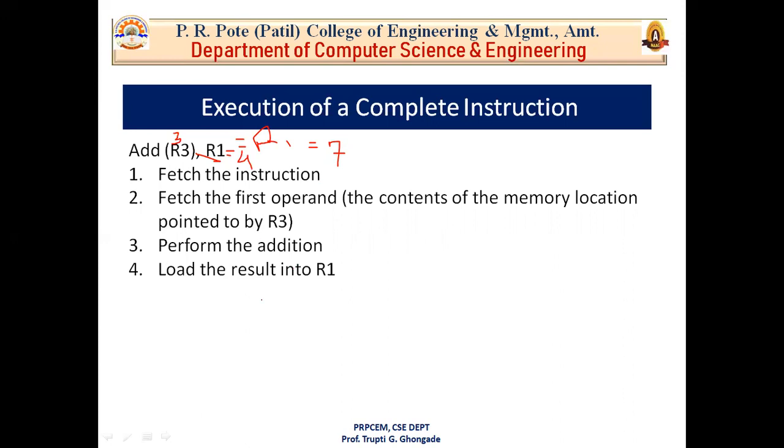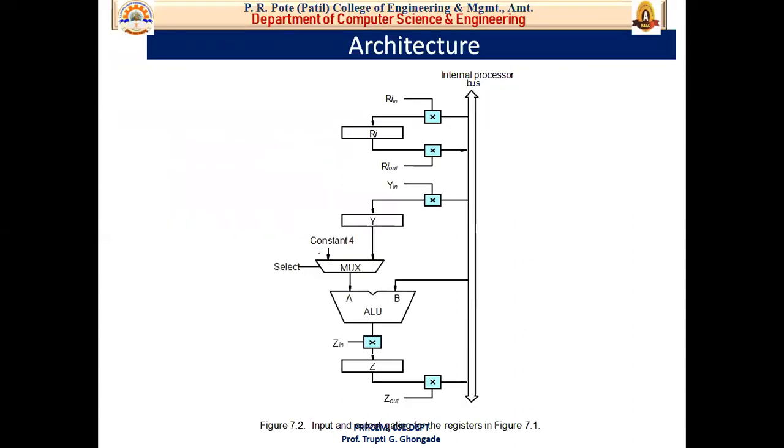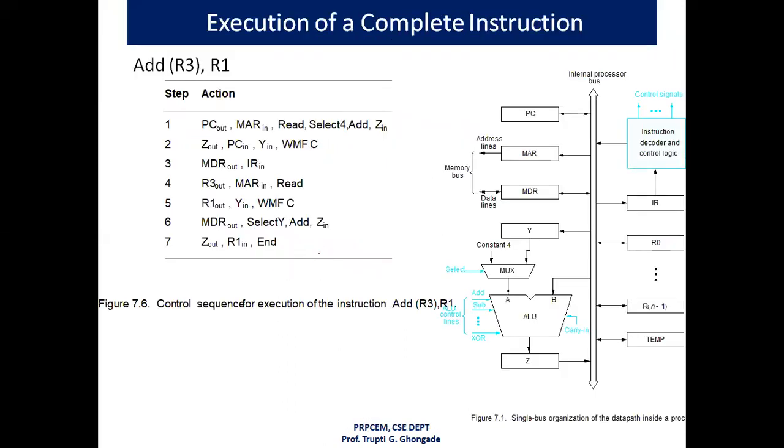Now this complete process gives a sequence of control steps required to perform these operations by using the single processor bus organization. So let's see, this is the internal processor bus organization and we have to perform the addition of R3 plus R1 and store the result into R1. Now look here, step 1 is PC out, MAR in, read, select 4, add and Z in.